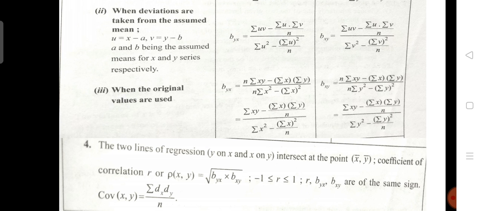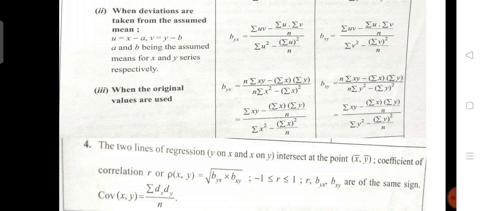The last one is the two lines of regression, which intersect at x bar, y bar. The correlation coefficient is r, or rho of xy, which is the root of byx into bxy. This is the most important table you have to study.